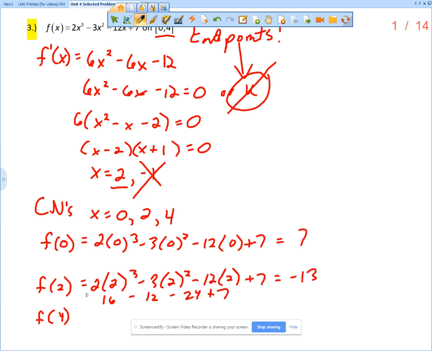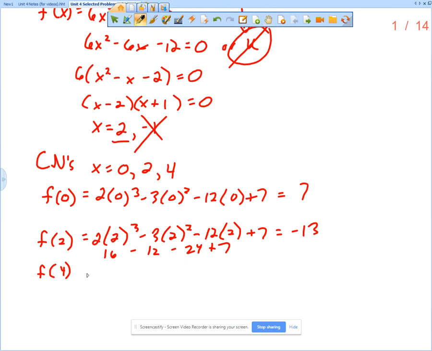All right, and then lastly, f of 4. So 2 times 4 cubed minus 3 times 4 squared minus 12 times 4 plus 7. Now, sometimes the numbers here get a little annoying, but you still should be able to deal with them.